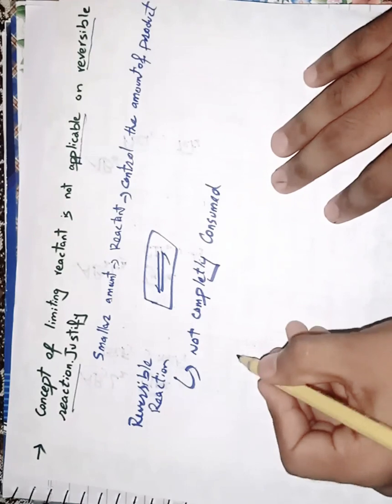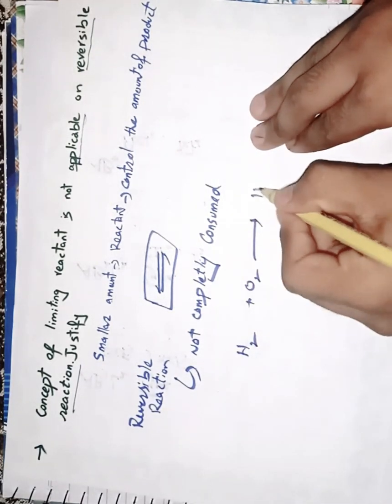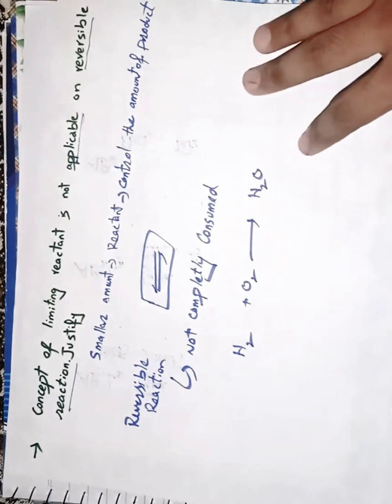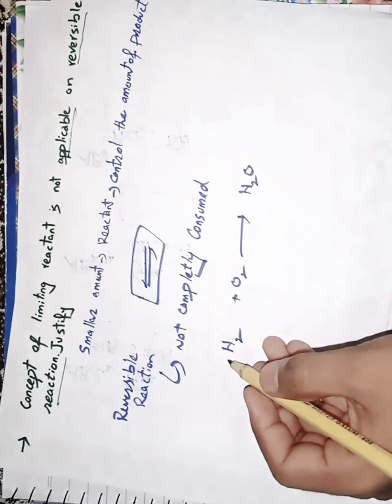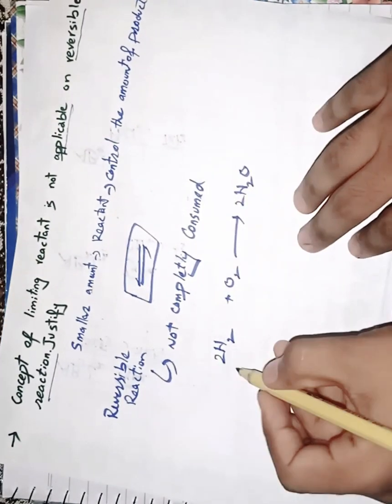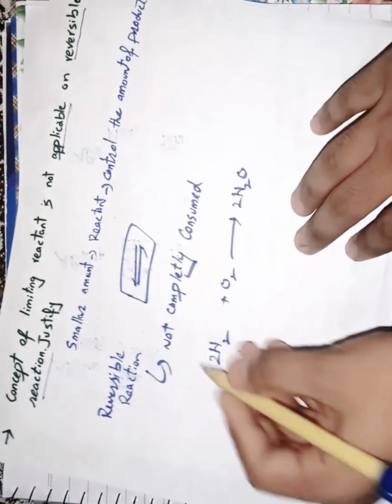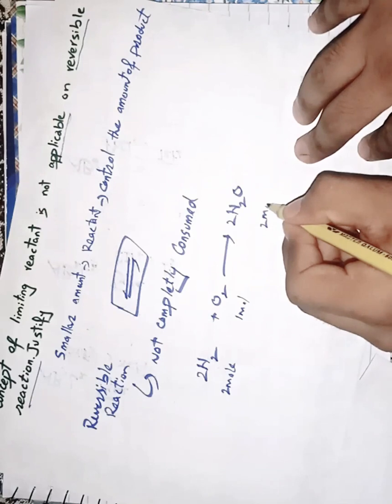As again we discuss hydrogen, oxygen, and we obtain water. For balancing we take 2 mole of hydrogen, 1 mole of oxygen, and the product is 2 mole.